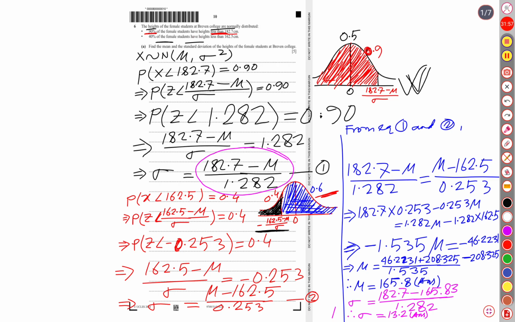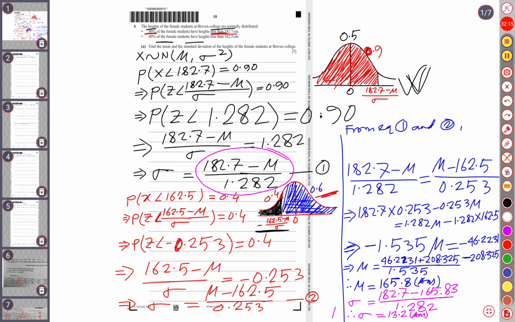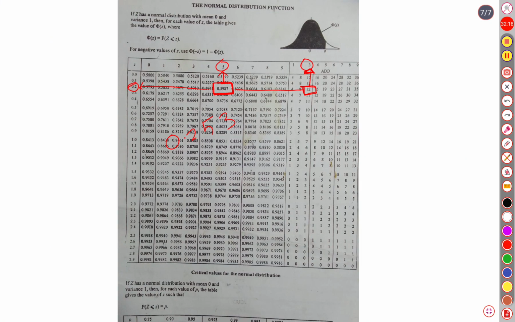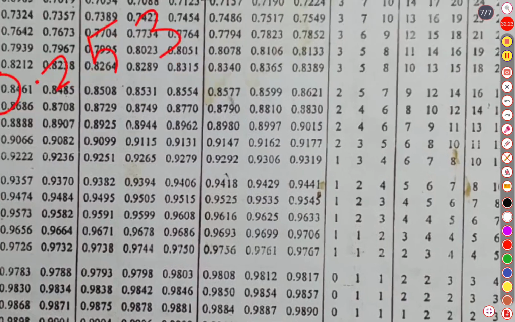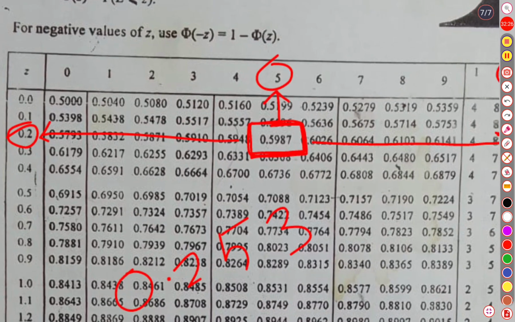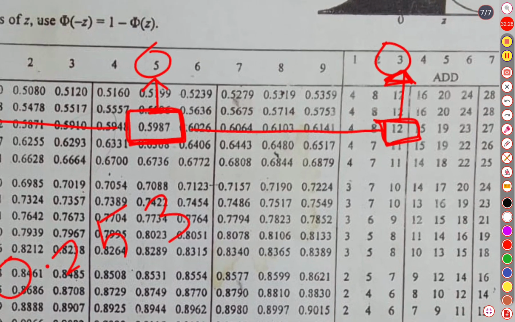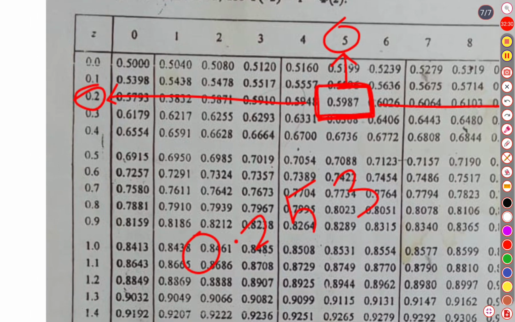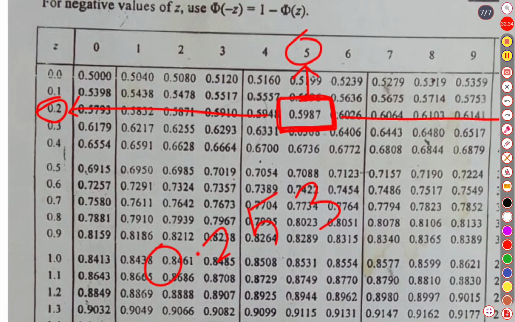Whenever an exact probability is not available in the table, we opt for the closest and most accurate one. Let me show you once again. It is closest to 0.6, this one, 0.5987, almost close to 0.6.